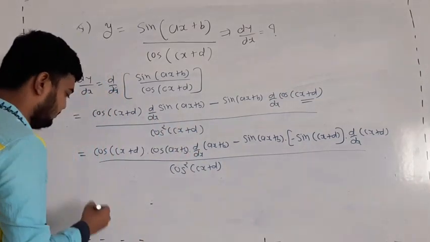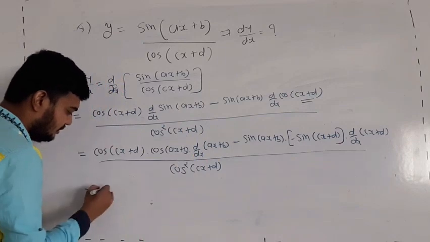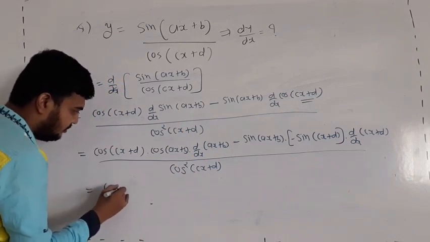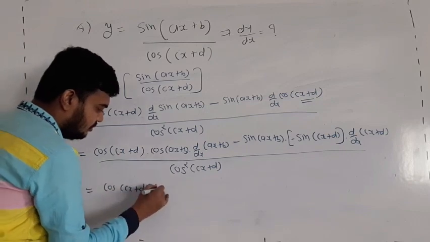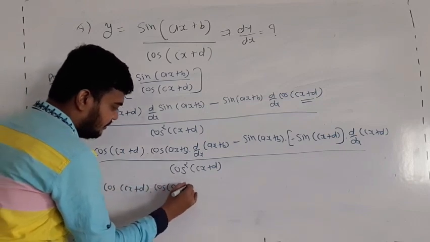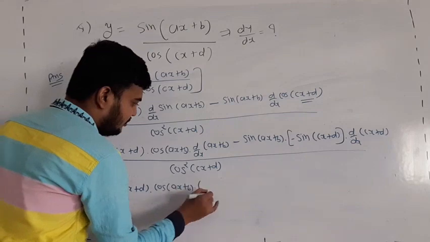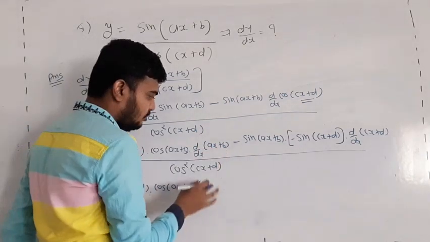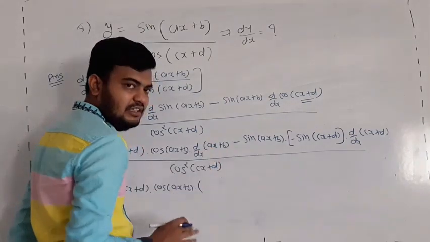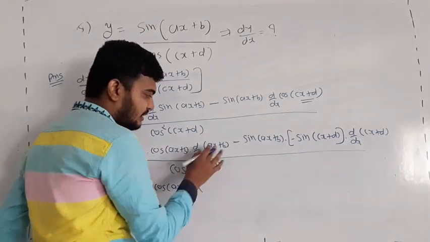Okay beta. Now here it is cos of cx plus d into cos of ax plus b into, here there is a plus sign. So we differentiate this function separately.